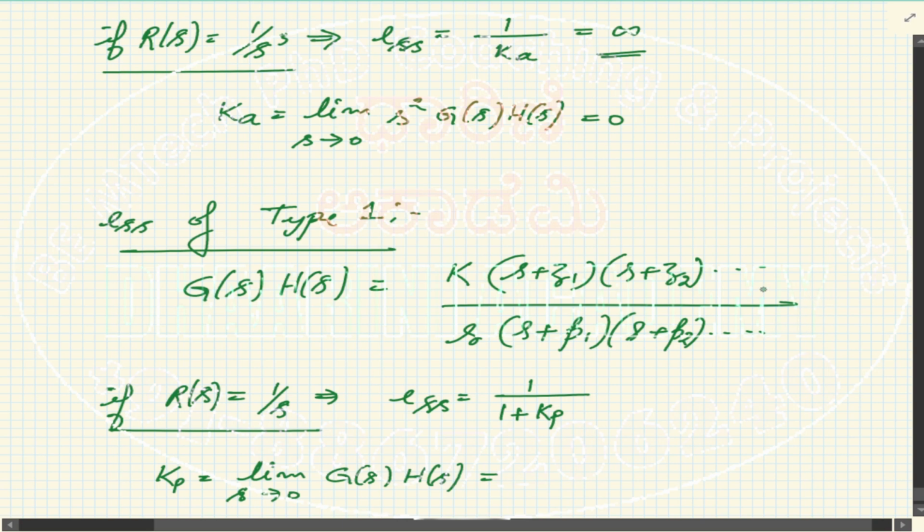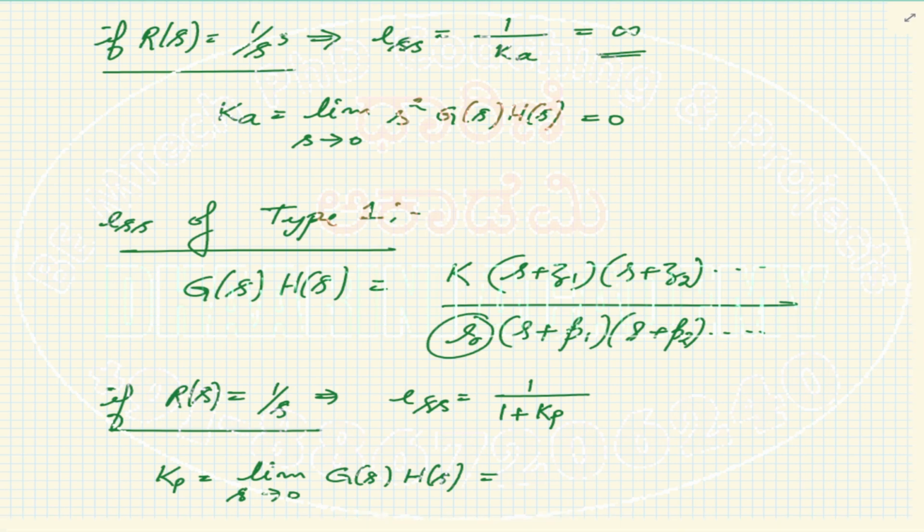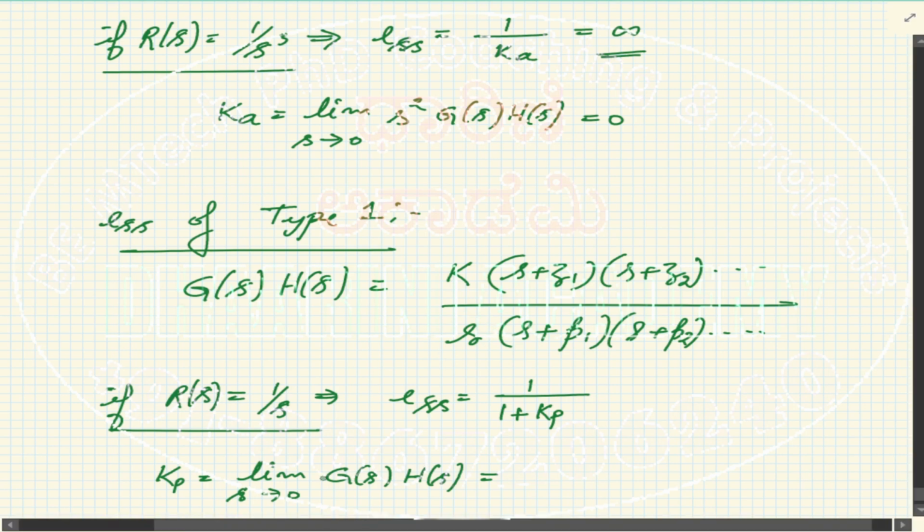I have to put s equal to 0 here, so the denominator becomes 0. Denominator of G of s into H of s is 0, means the whole term becomes infinity. So Kp is infinity, so this is 1 divided by 1 plus infinity, which is 1 by infinity, that is equal to 0.